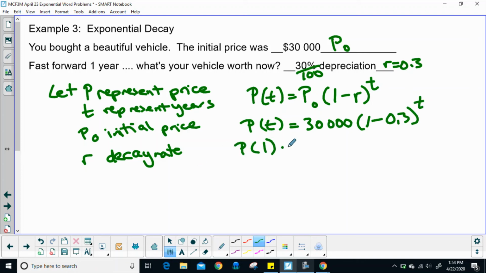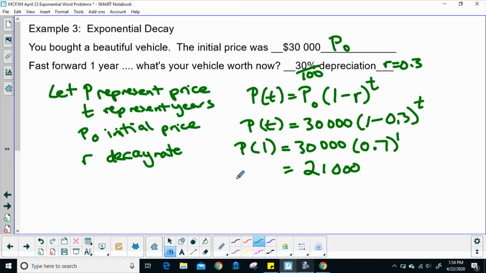After 1 year, we put 1 in for T: 30,000 times 0.7 to the exponent 1. Throw that in your calculator, and 30,000 times 0.7 is 21,000. So after only 1 year, your vehicle went from being a $30,000 vehicle to a $21,000 vehicle.